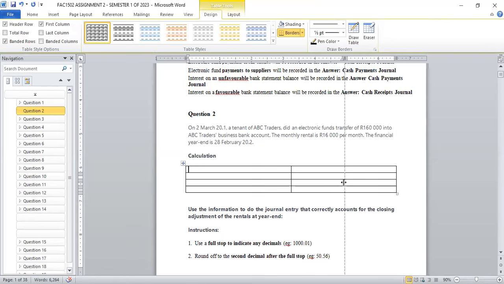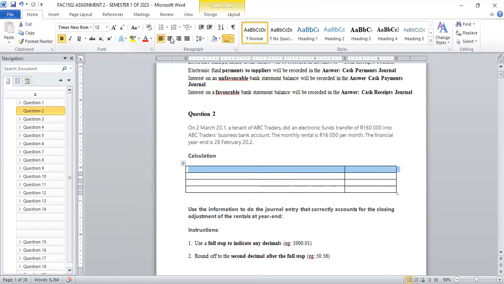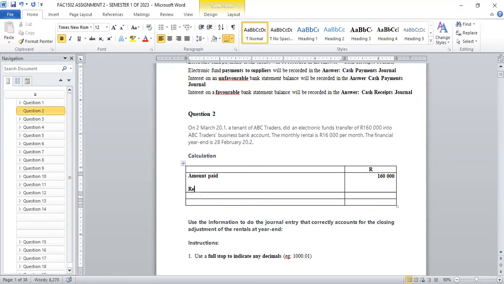We have got the amount that was paid by the tenant. Let me just do it here so that you can clearly see. Amount paid, that was 160. Then rental income for the year.